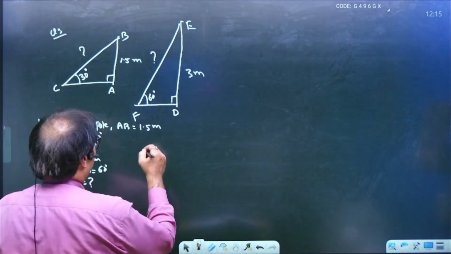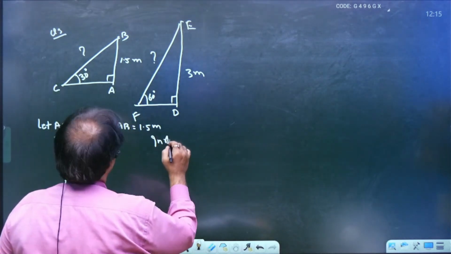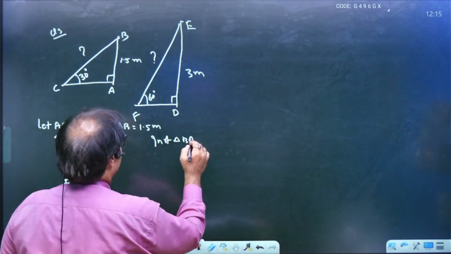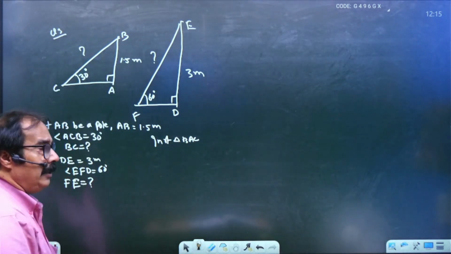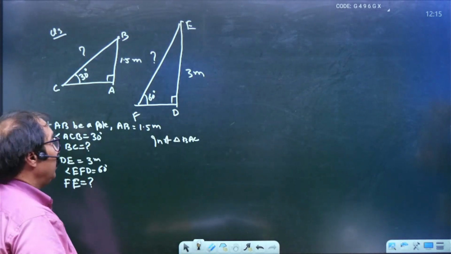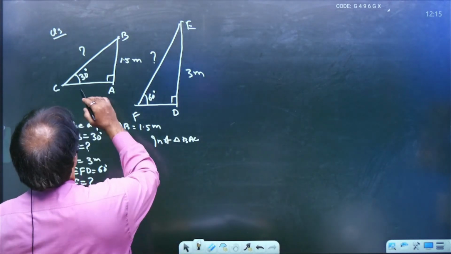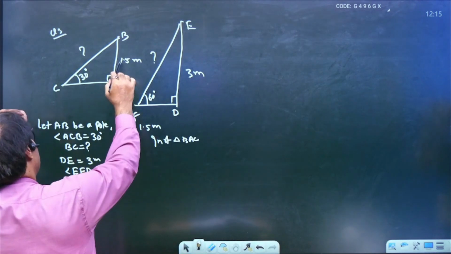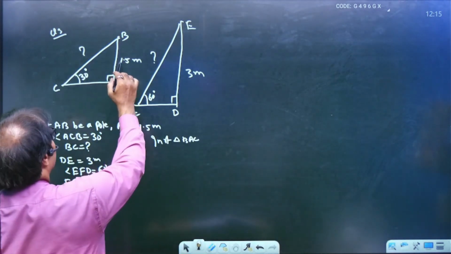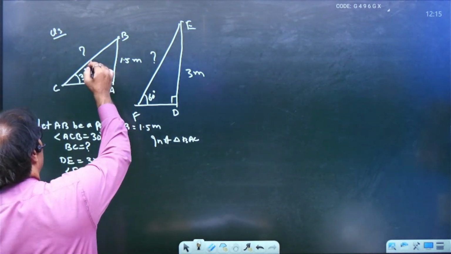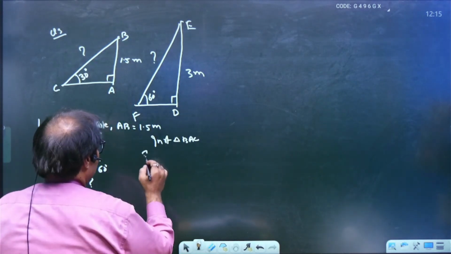So first, for this part, in right triangle BAC, always write the right vertex in the middle. In the right triangle BAC, as per this angle, the side opposite to the angle is perpendicular, and we have to find the hypotenuse, so we will apply sine.